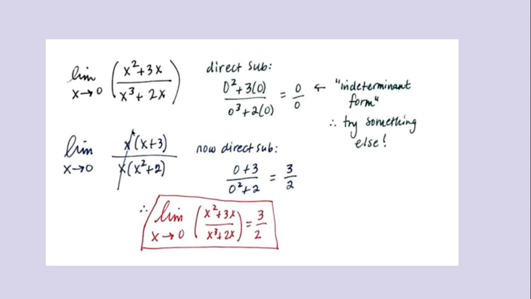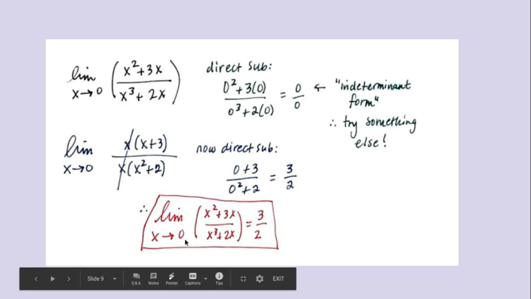Does anything cancel? All right, now we're cooking because those x's cancel. When I plug in direct substitution, I don't get something indeterminate. I get an actual number, 3 over 2. I know exactly where 3 over 2 is on the number line, and where 0, 3 over 2 would be on the coordinate plane. So that is what the limit of the function approaches as you approach 0.